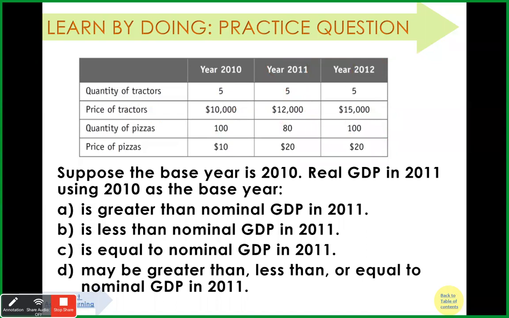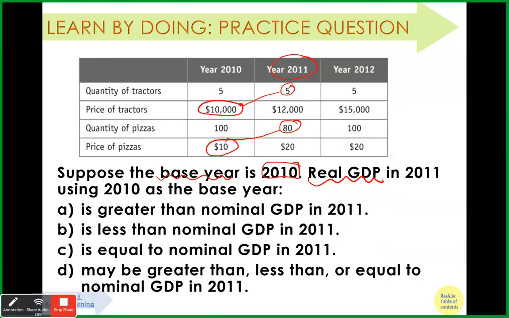Now the same table, real GDP. But remember, now we have a base year, and here the base year is 2010. So for 2011, how do we do that? This number times this one, this number times this one.